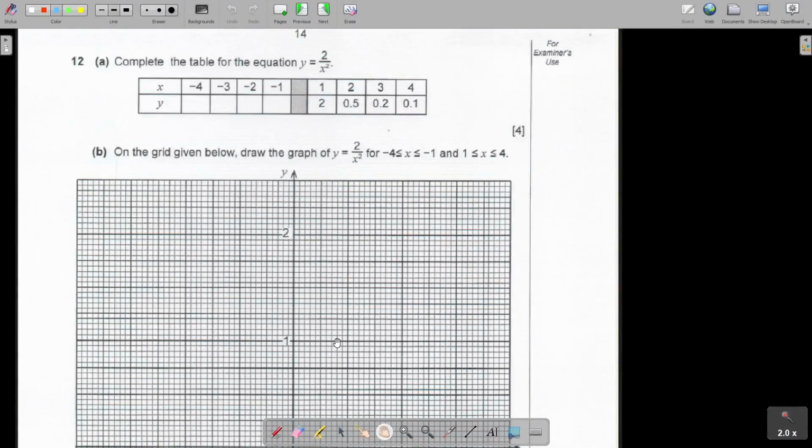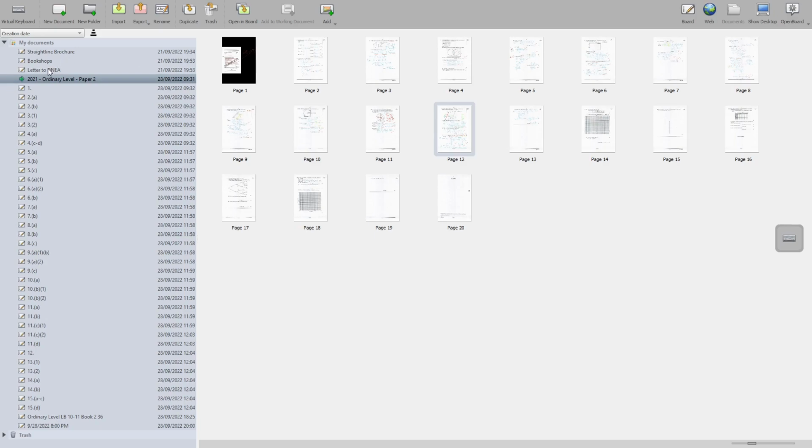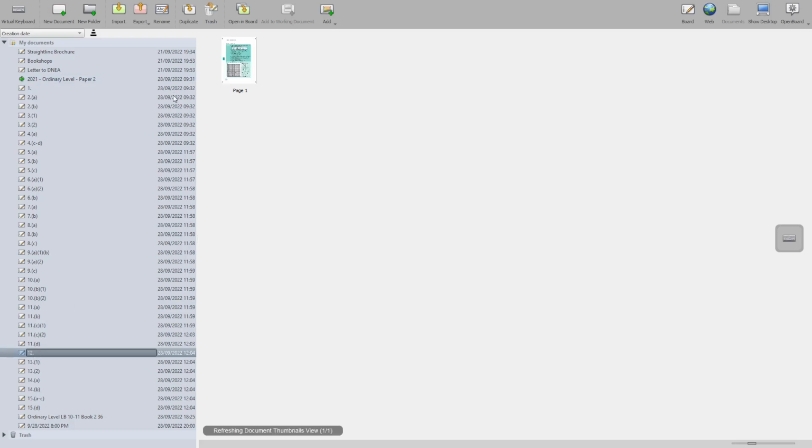Question number 12. Complete the table for the equation y equals 2 over x squared. There it is. And then on the graph below, draw the graph of this point. Now, I want to take you to a question in the textbook where there's a lot of graphs. Page 252, this is question 12.